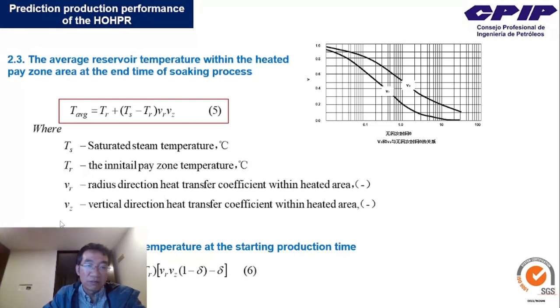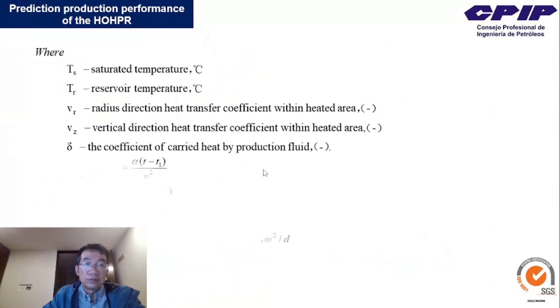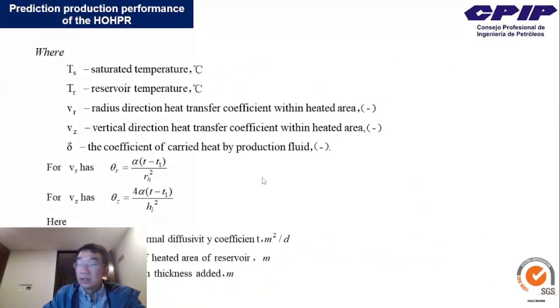2.4 is the average reservoir temperature at the starting production time. Ts means saturated temperature. Tr means reservoir temperature.